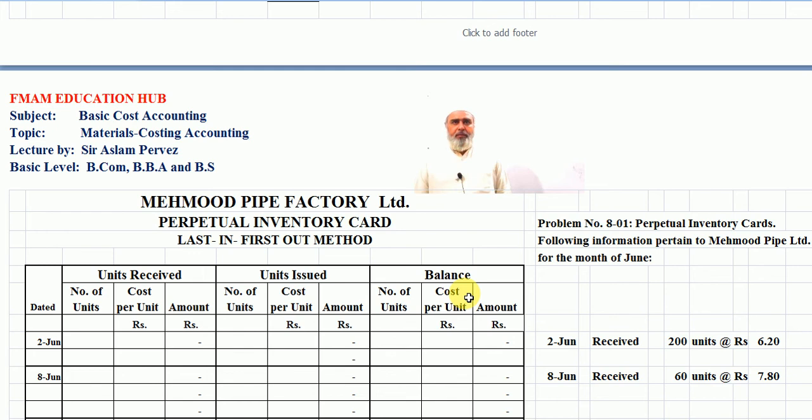The principle of the flow of cost followed by last in, first out method is opposite to that of FIFO. FIFO means first in, first out. LIFO assumes the last cost received in stores is the first cost that goes out from stores.